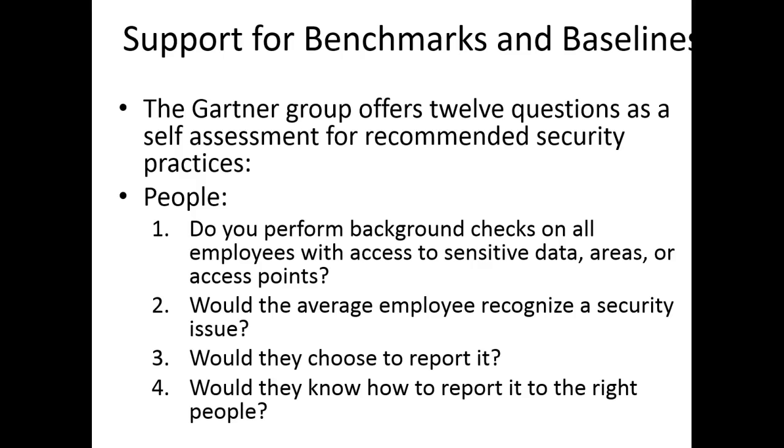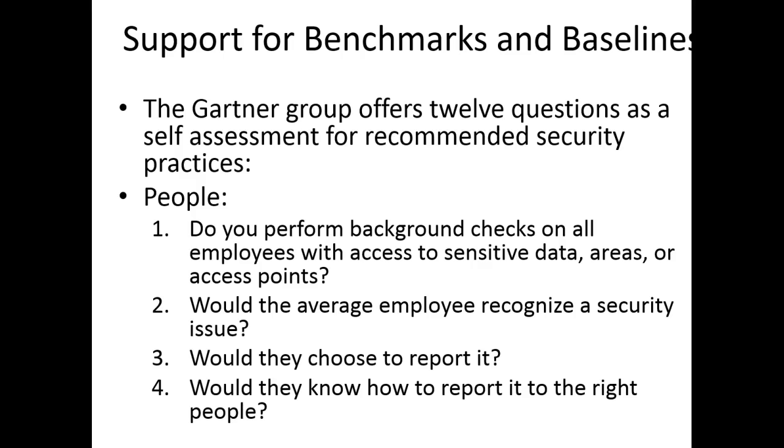One of them is SP 800-27, which talks about engineering principles of information technology security. So that's a good baseline that you can use. Also, SP 800-53 is security and privacy controls for federal information systems. And then SP 800-53A, which is assessing security and privacy controls in federal information systems and organizations.